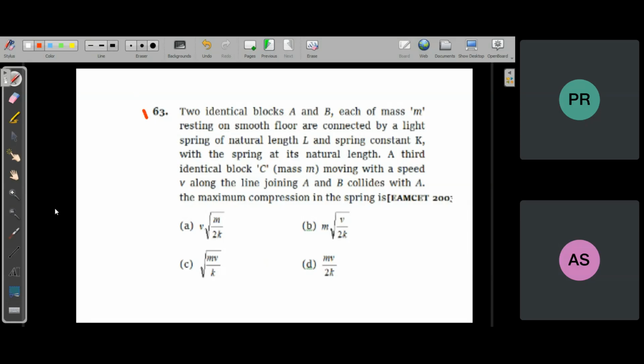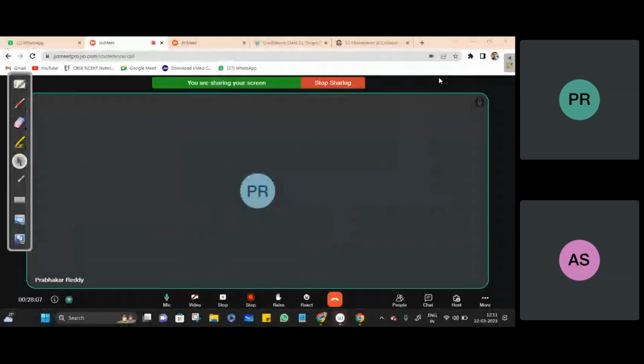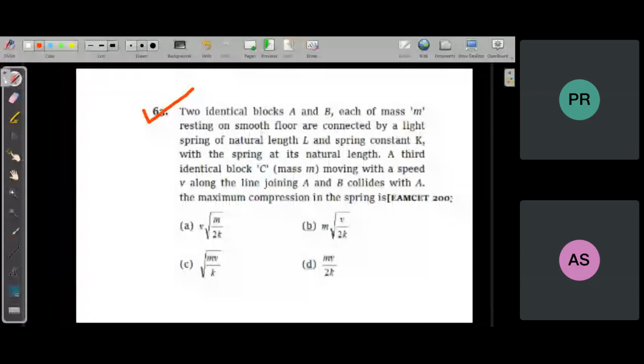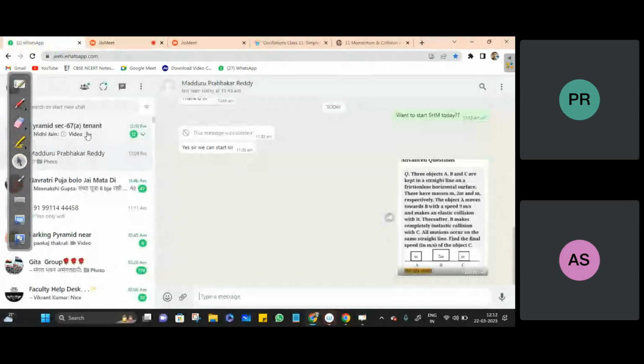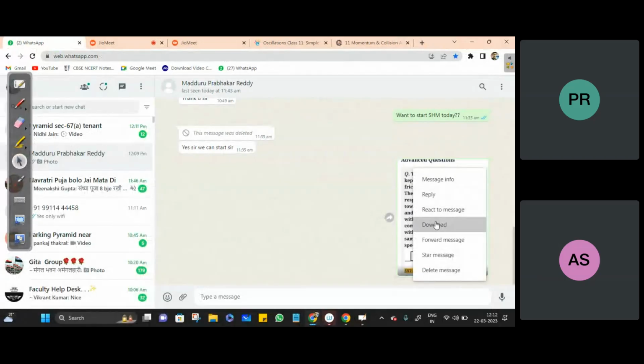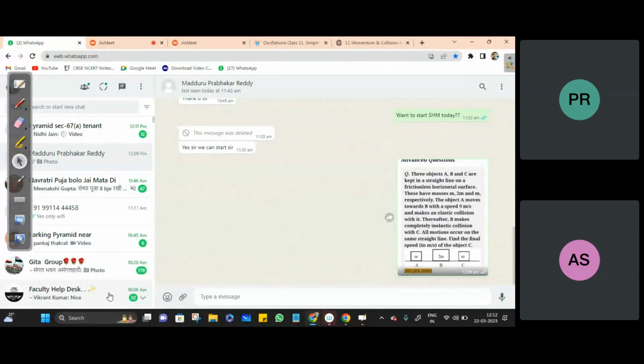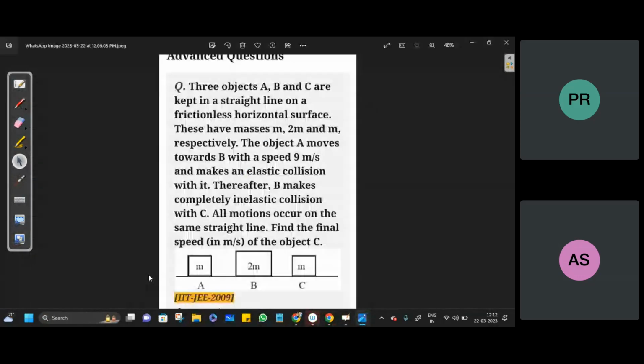Sir, can you zoom the question? Okay. Leave it. This is a very simple question. So leaving it, going to now a JEE question. So let's try this one.